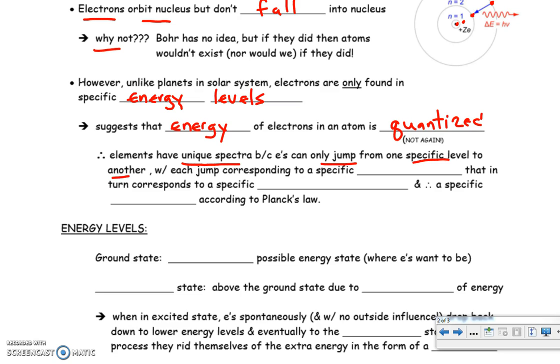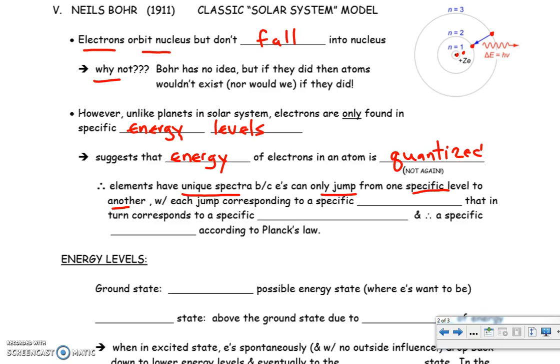If we go back to our diagram here, if I have an electron in the n equals 3 level, when it jumps to the n equals 2 level, there's a specific energy change. And that specific energy change can be related to the frequency of the photon. It says h nu, but we'll call it hf.